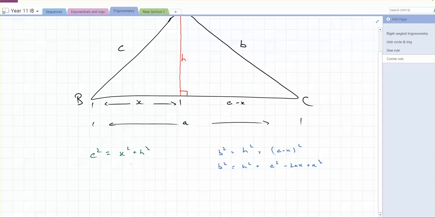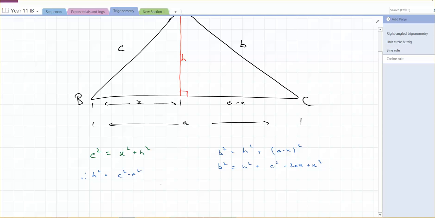Now, what we could do here is take a result from here and put it in over this side. So we could make h squared the subject: h squared is equal to c squared minus x squared, and we could put that in over here.